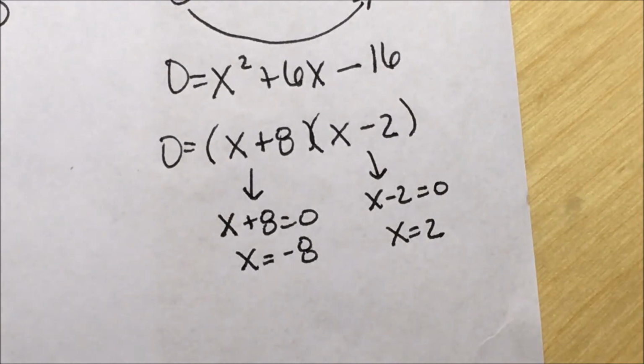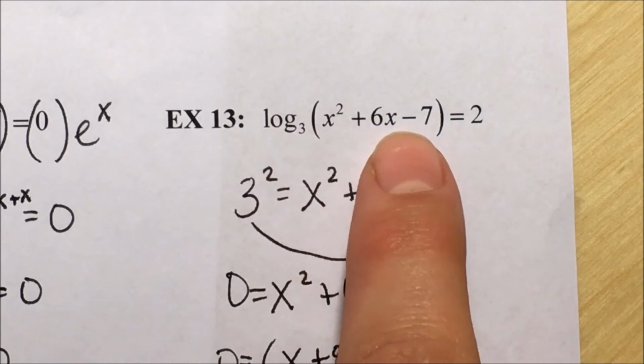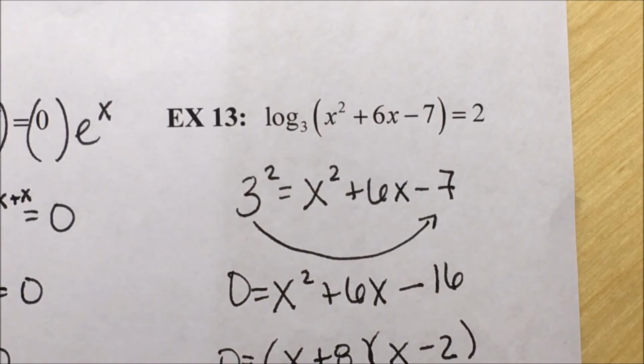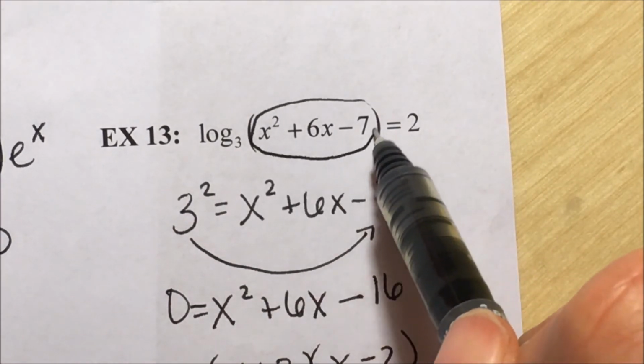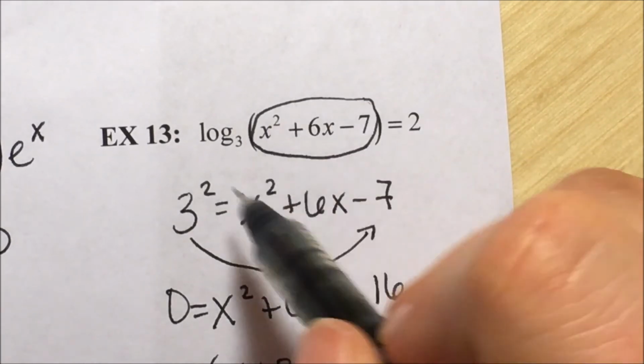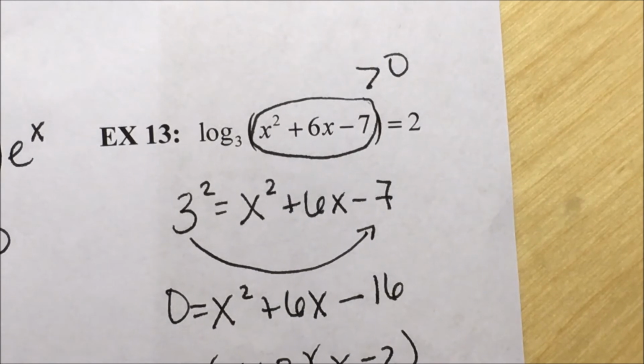We have the same situation here, but not the same input. My log has this really complicated input, and remember the input overall, this kind of goes back to when we were finding the domain of logs a couple class periods ago, that whole input has to be greater than 0. Not just x, but the x squared plus 6 minus 7 must be greater than 0.